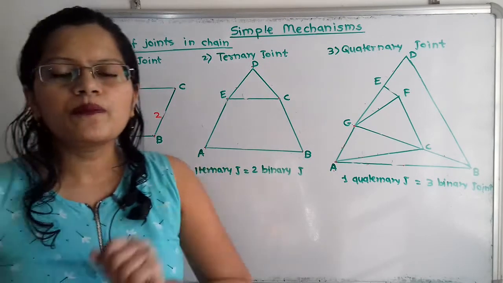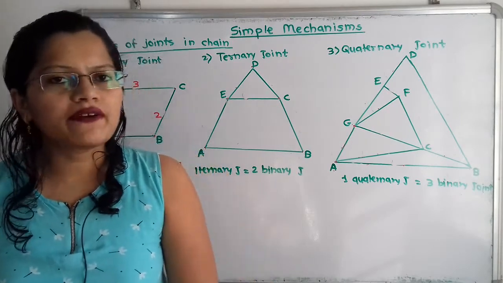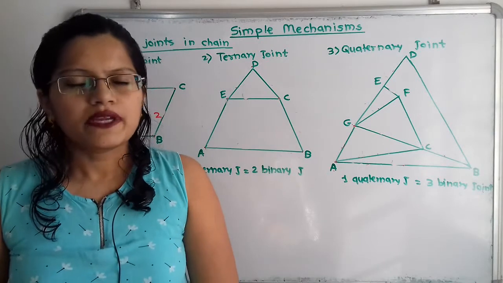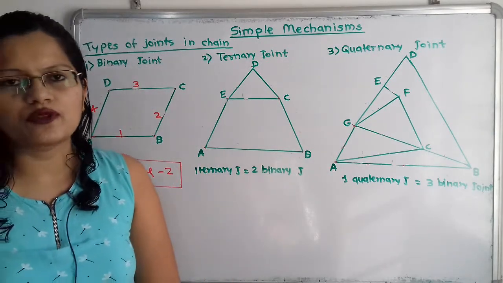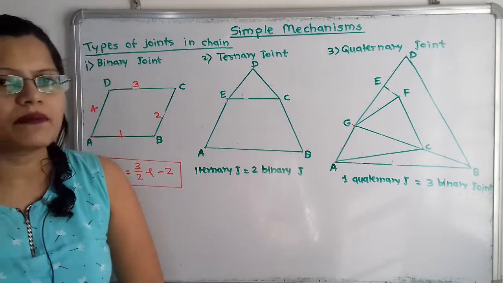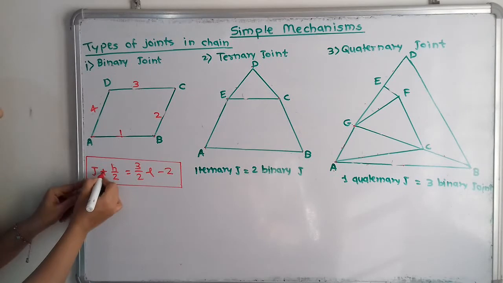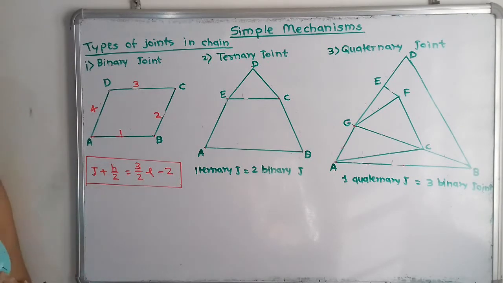Now how to decide whether the given mechanism is a kinematic chain or not? So here there is one formula, given by the scientist A.K. Klein. J plus H by 2 is equal to 3 by 2 L minus 2.